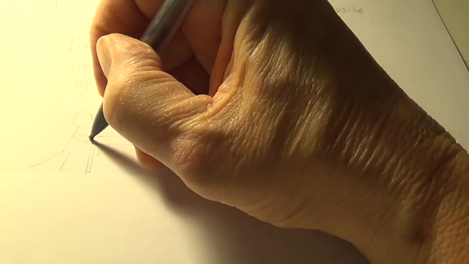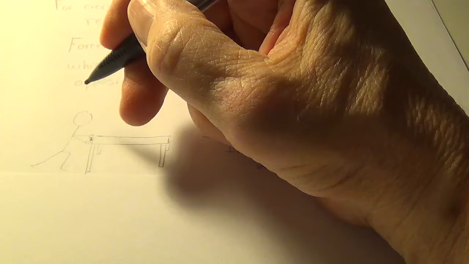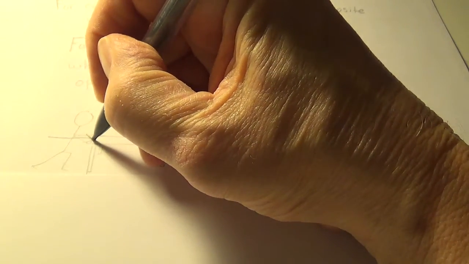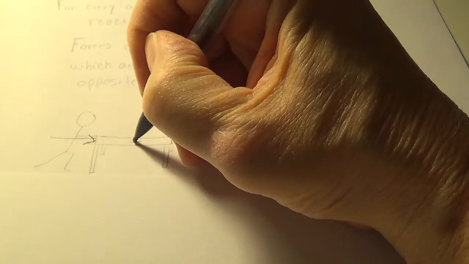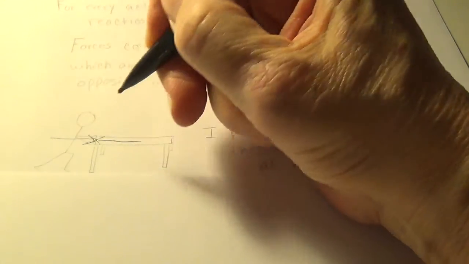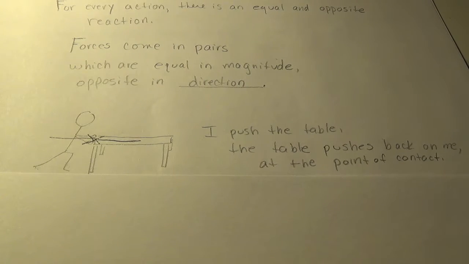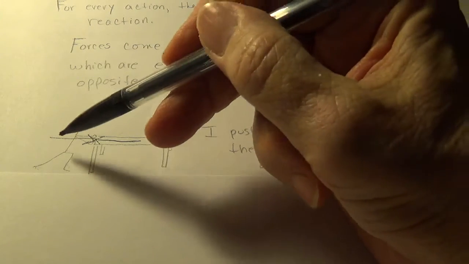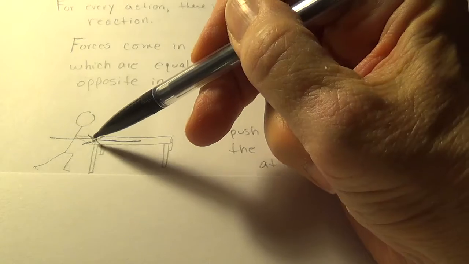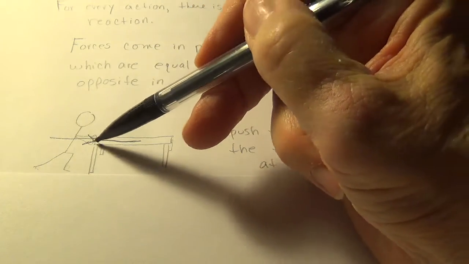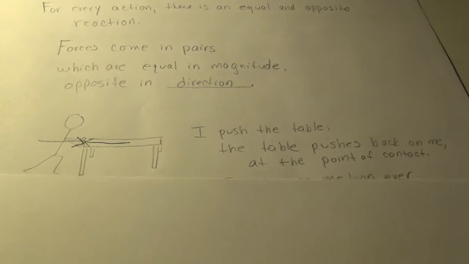So right here where my hands are contacting the table, I'm exerting a push on the table, and the table is exerting an equal and opposite push on me. You can see where that theoretically leads to some troublesome conclusions, because if these forces are equal and opposite, then I can never move the table. The harder I push on the table, the harder the table pushes on me.